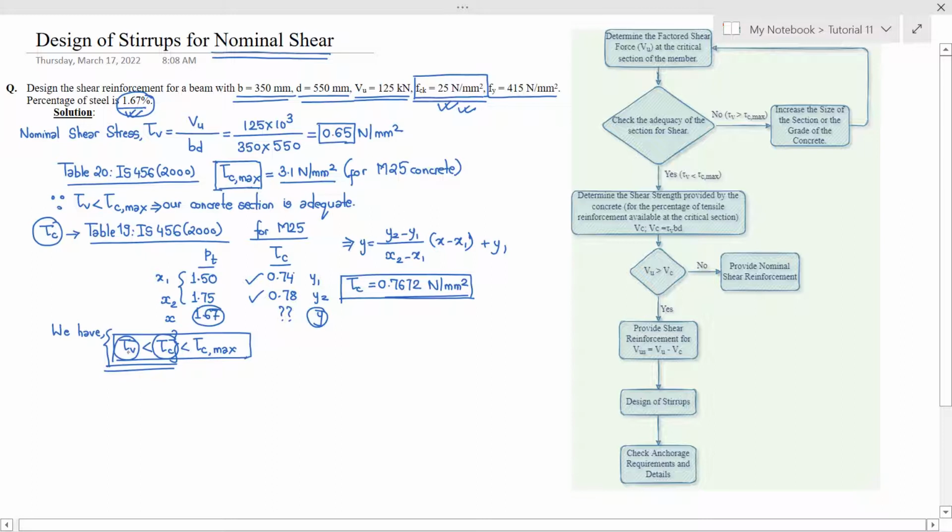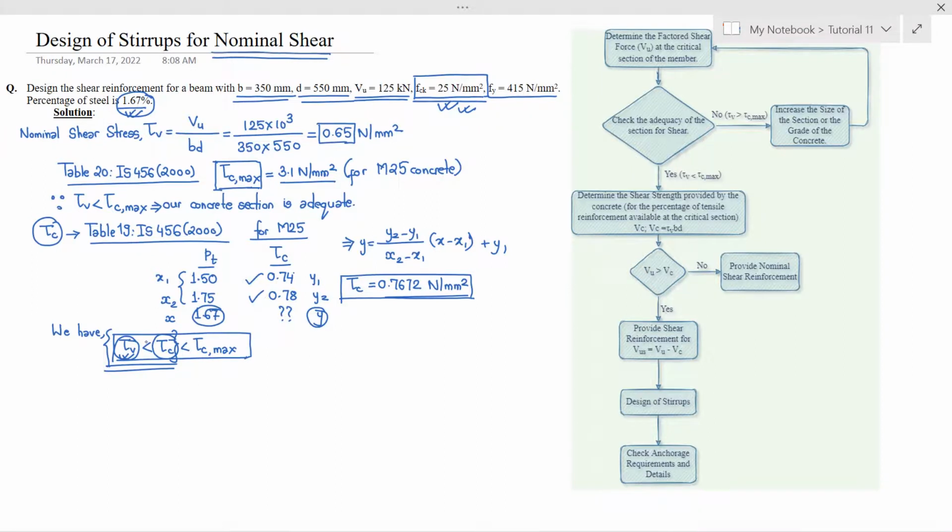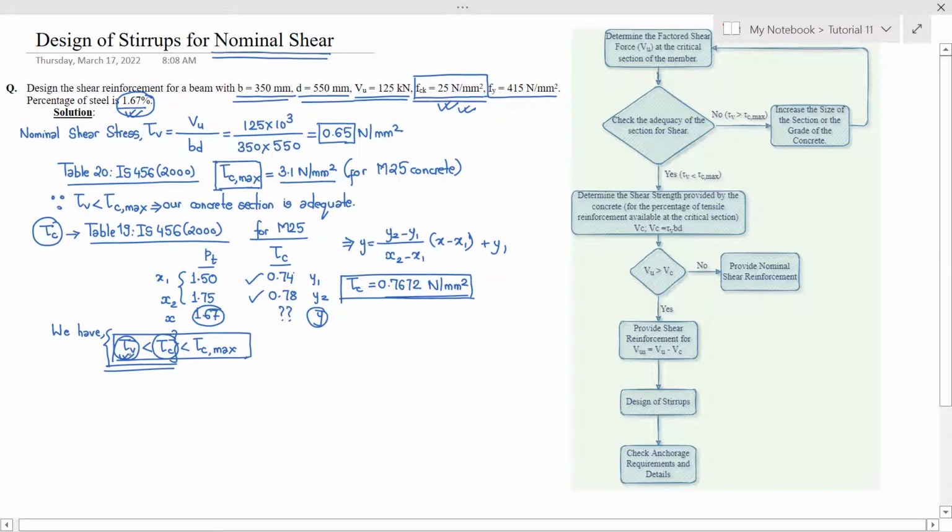If this shear stress that is coming onto the structure were larger, then you have to find the additional value of shear force that had to be resisted by the shear reinforcement, excluding this shear strength provided by the concrete.